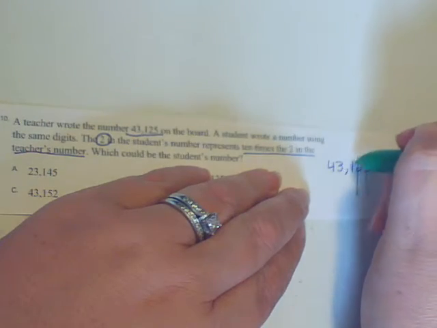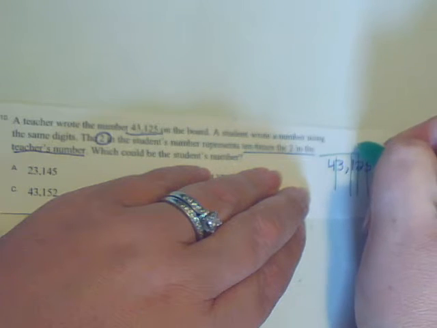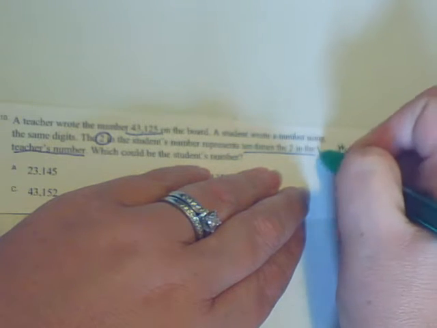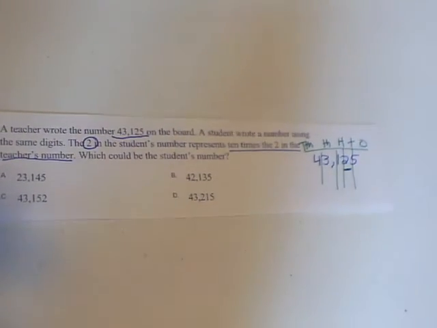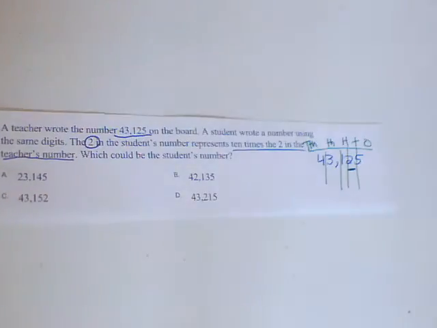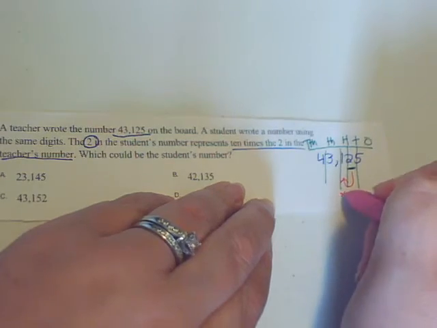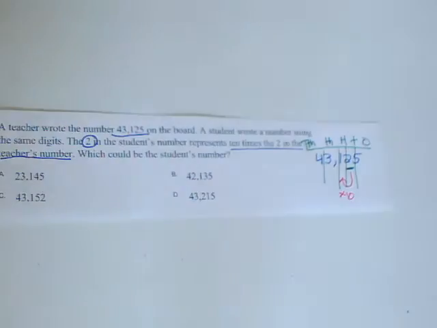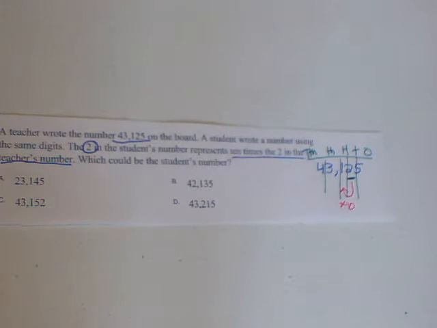Well, the 2 in the teacher's number is in the tens place. If we want to find a 2 that is 10 times greater than that, we know that each jump is times 10, so we would need to find a 2 that would be in the hundreds place.